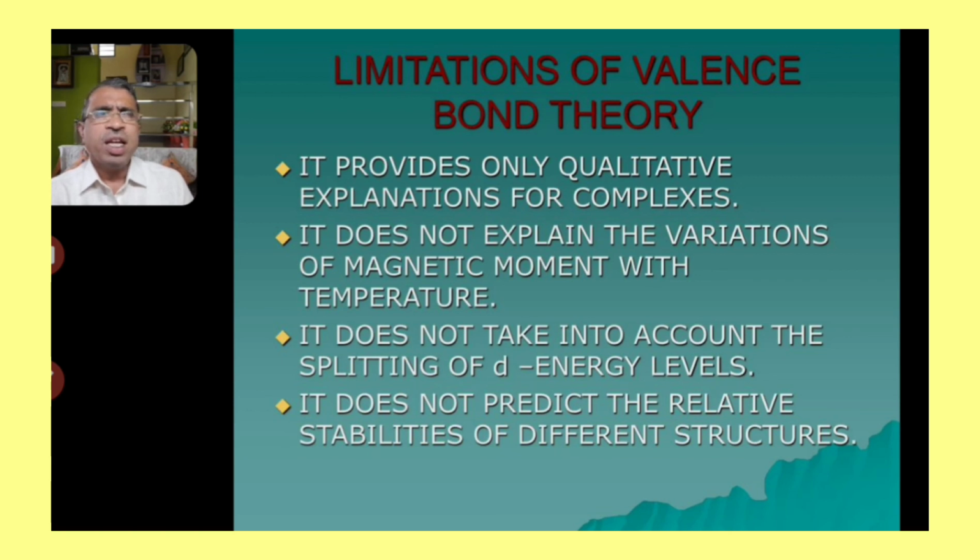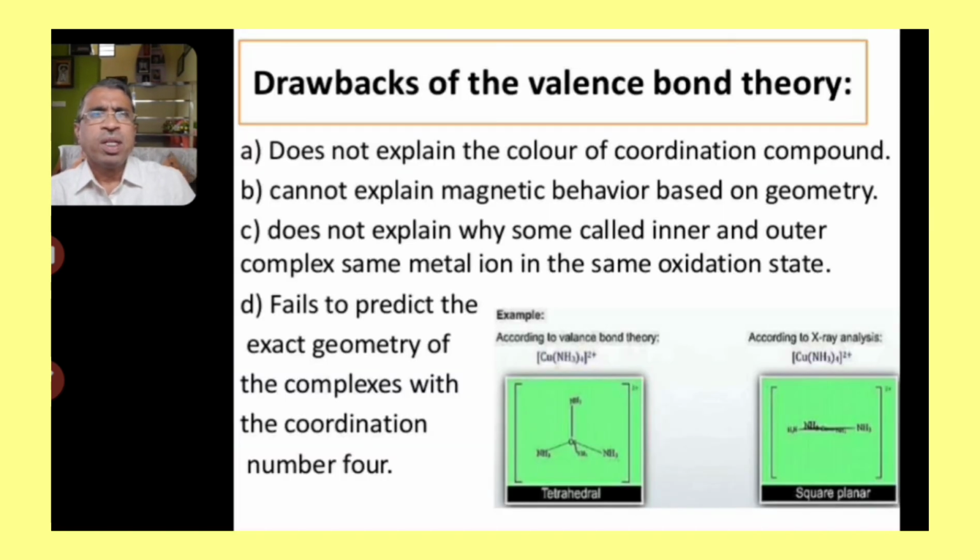It does not take into account the splitting of d energy levels. It does not predict the relative stabilities of different structures. It does not explain the color of the coordination compounds. It cannot explain magnetic behavior based on geometry. It does not explain why some are called inner and outer orbital for the same metal ion in the same oxidation state.